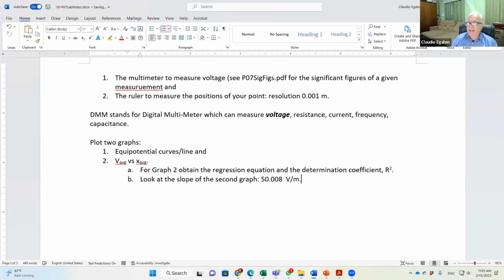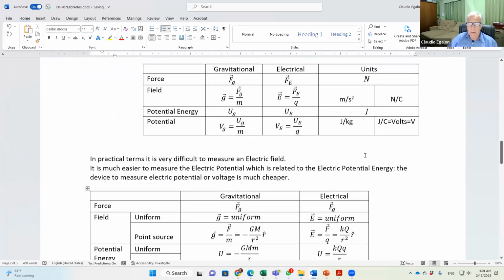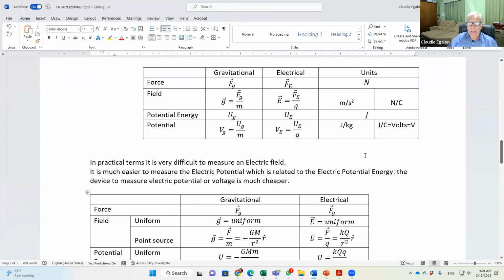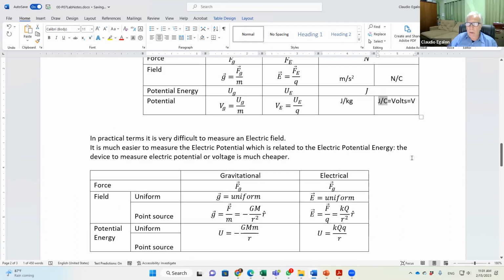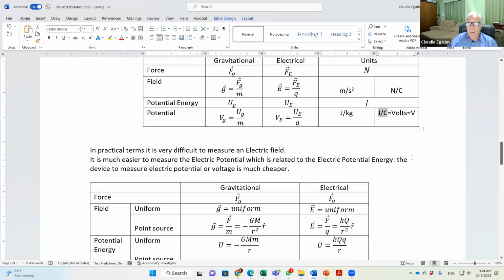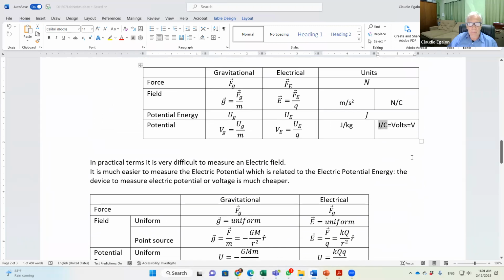What does it represent? Let's go back to my thing here. Electric potential has units of joules per coulomb, volts.